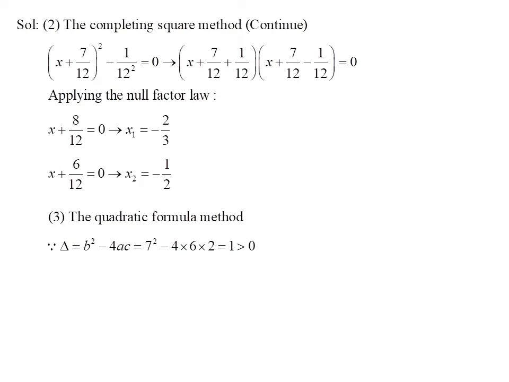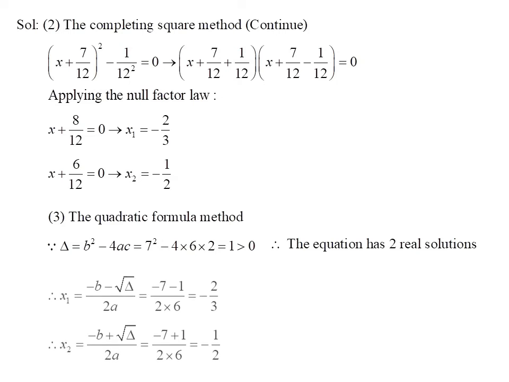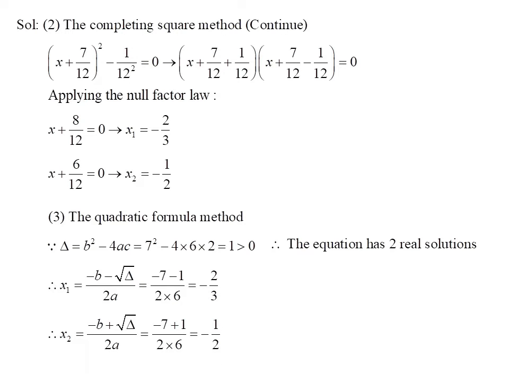As we have already learned, the discriminant delta equals b squared minus 4ac, in this case which is 1. Therefore, the quadratic formula can be applied and gives the solution of negative 2/3 or negative half.